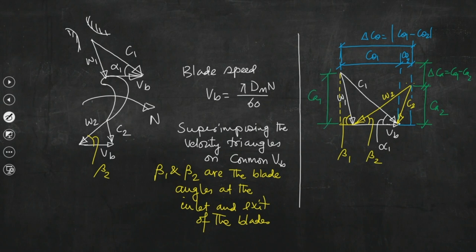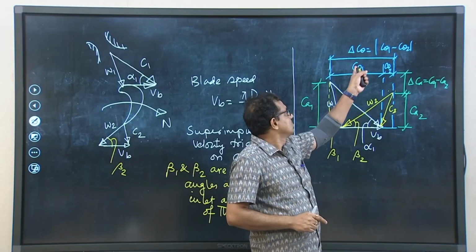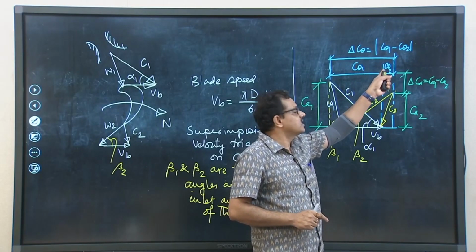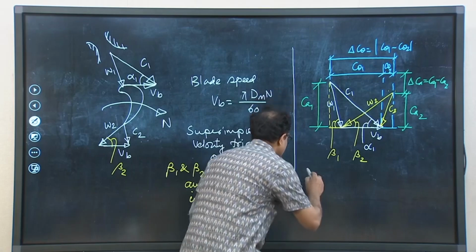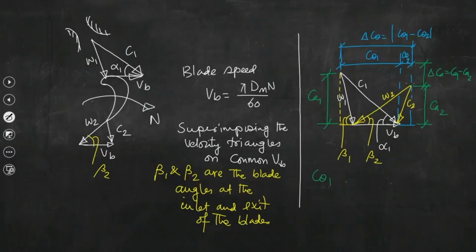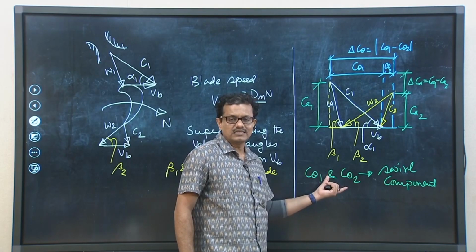Similar to what we could define, the whirl component, that is C theta 1 and C theta 2. So, let me write C theta 1 and C theta 2, these are known as the swirl component of velocity. In some books, these velocities are also known as the swirl component. So, the change in swirl component of velocity is responsible to produce tangential thrust.